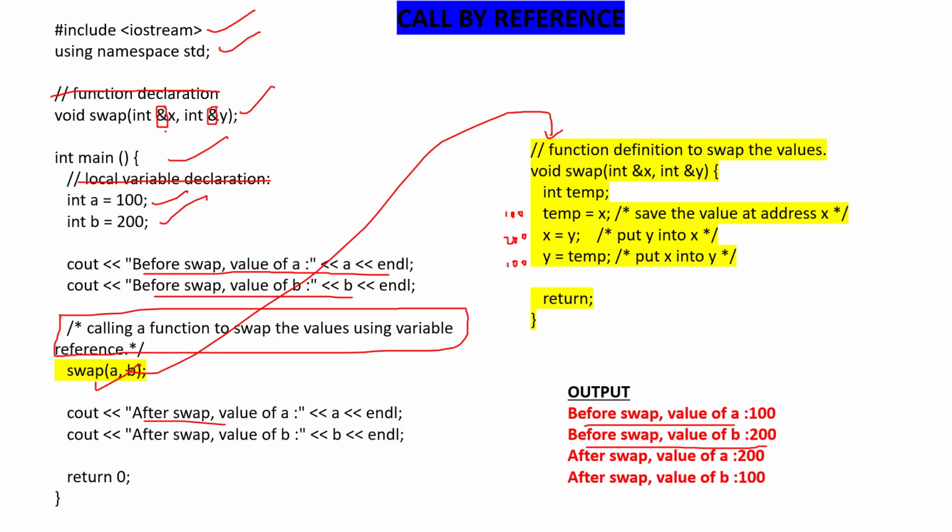You should not use the star here as a pointer. Now using ampersand here, it's called call by reference. After swap, value of a will be 200, the new value, and after swap, value of b will be 100. There's a change in the values. 100 got changed to 200, and 200 got changed to 100 due to the call by reference option.